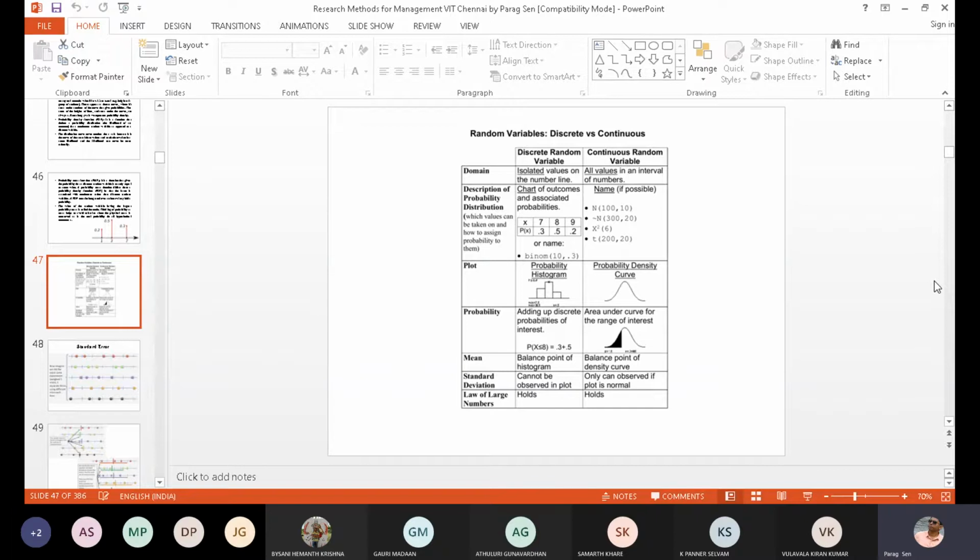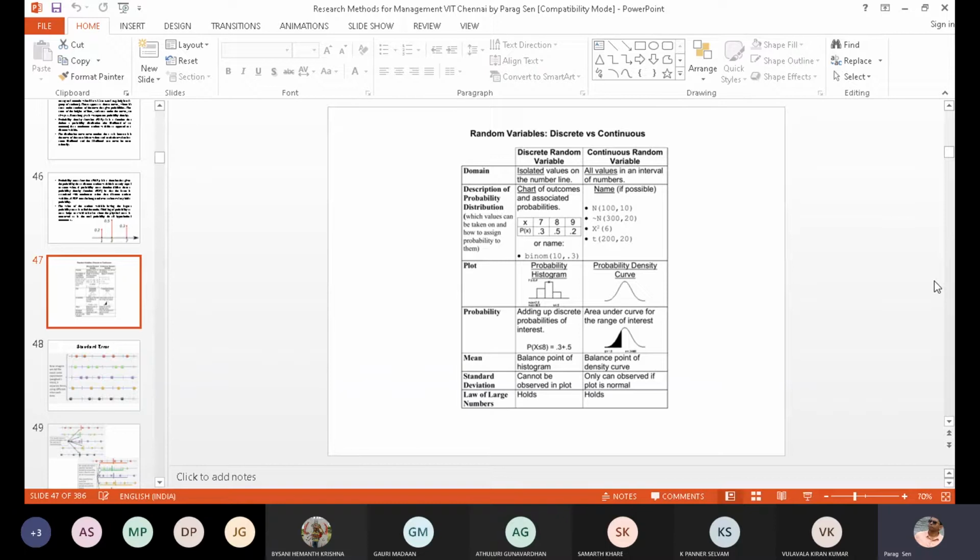Suppose many of you have gone through the course of project management, right? In project management, whenever you have solved problems related to CPM and PERT, critical path method and program evaluation review technique, you will see questions like: what is the probability that this project will be completed by 45 days?